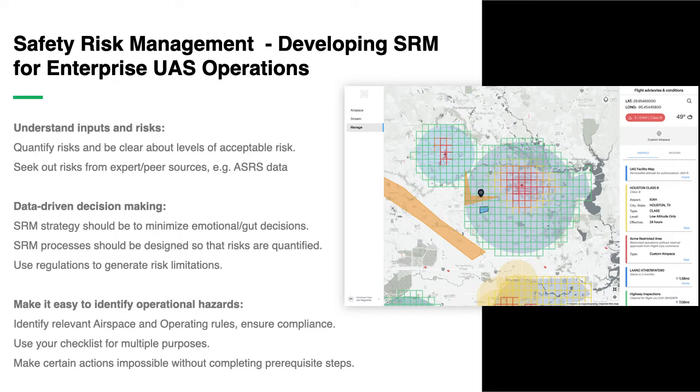The reason you should quantify your risk is that if you quantify something, you're much more able to fully address the issue instead of coming up with a solution that may not actually solve your problem. And so when you can measure and quantify things, you're able to design a solution that fits and completely addresses that risk. So you need to understand your inputs and your risks.